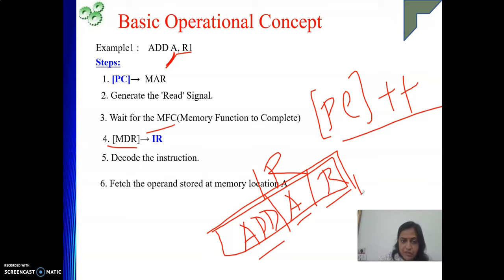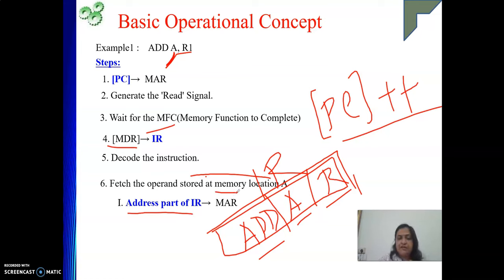So what will we do? Fetch the operand stored at memory location A. To do that, I have to follow three steps: give the address, give the read signal, wait, and the data will come into MDR. First, the address I need to give to MAR. Where will I get the address from? From some part of your IR.